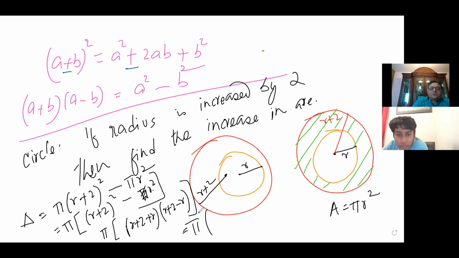So pi times (2r plus 2) times 2, right? You will get it like this also, but let's do it on a fresh page.